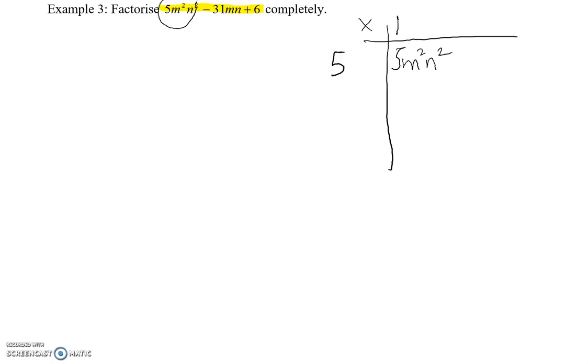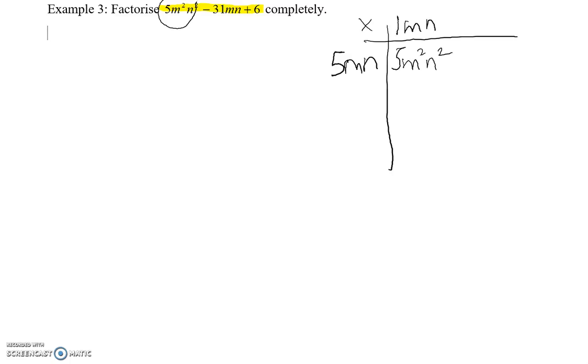Next, let's take a look at the variable m squared. M times m gives you m squared. Next, let's factorize the variable n squared. N times n gives you n squared. So therefore, 5mn times 1mn gives us 5m squared n squared.